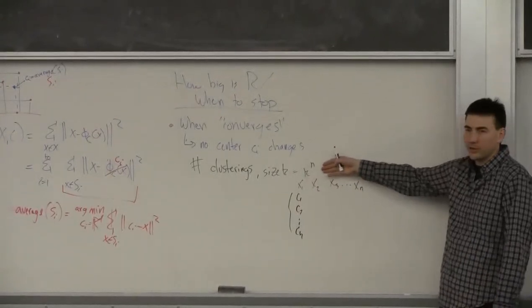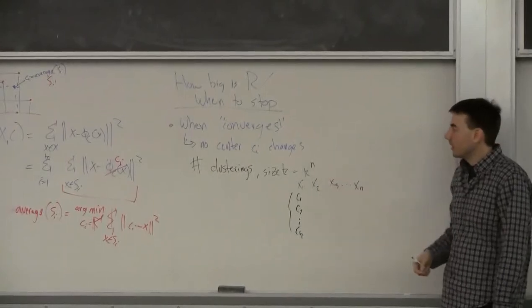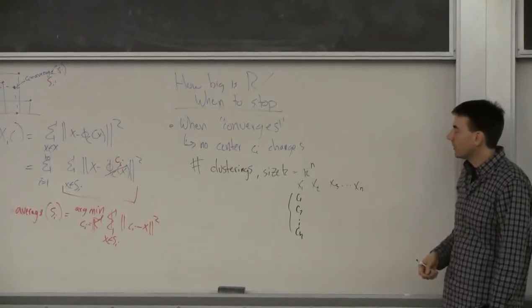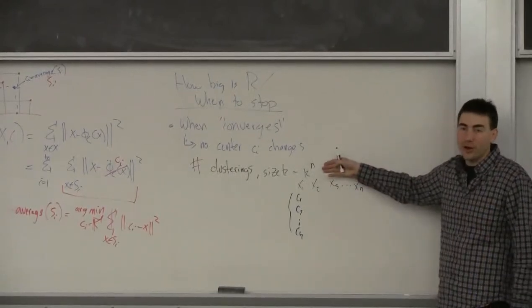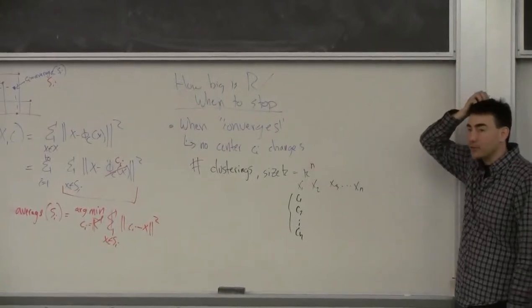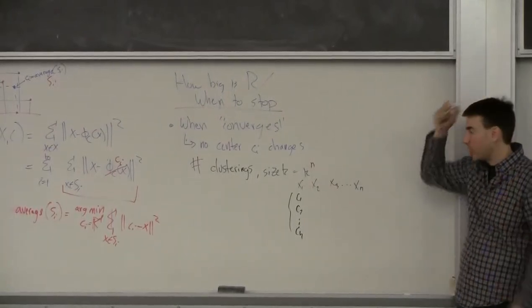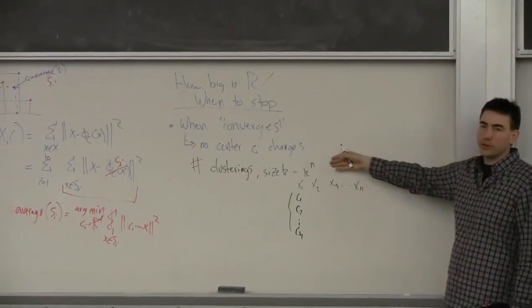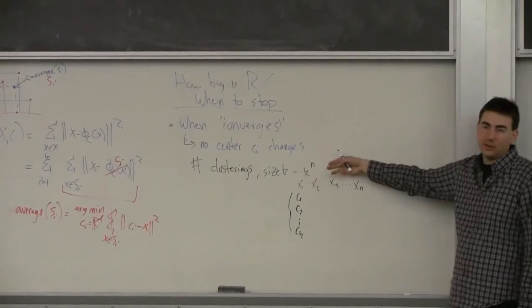Now this number is ridiculously huge, so there are cases where it takes a really long time to run. There are weird examples of K-means where the number of clusterings it goes through, the number of steps, is actually exponential in n.